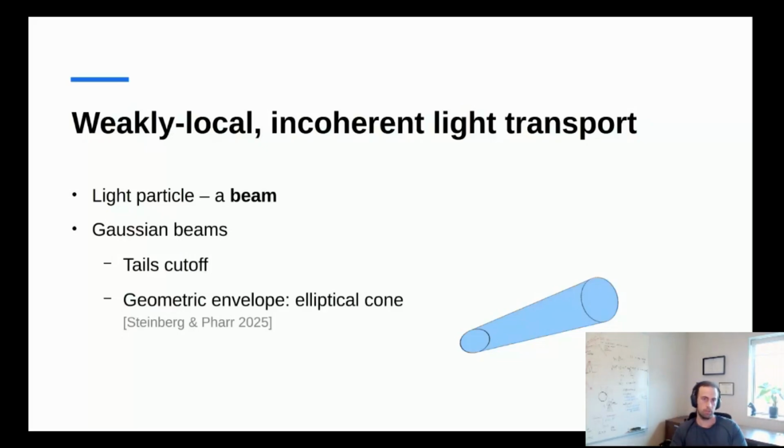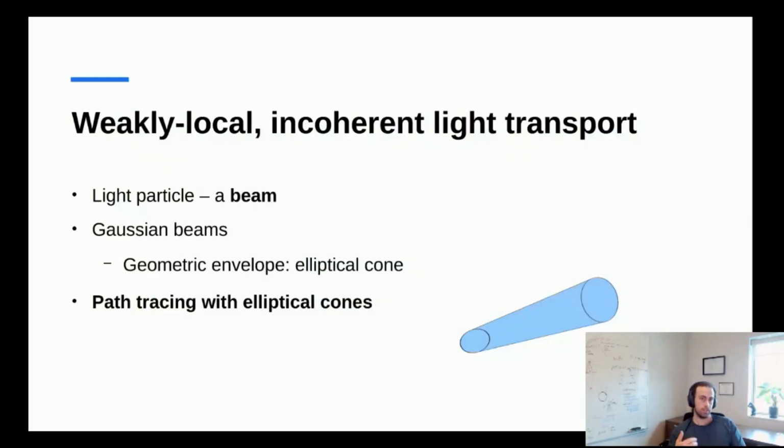So recently we have shown that it's very easy to see that the geometric envelope of such Gaussian beams are elliptical cones. So elliptical cones form a tight geometric envelope around the Gaussian beam, where we cut off the tails.